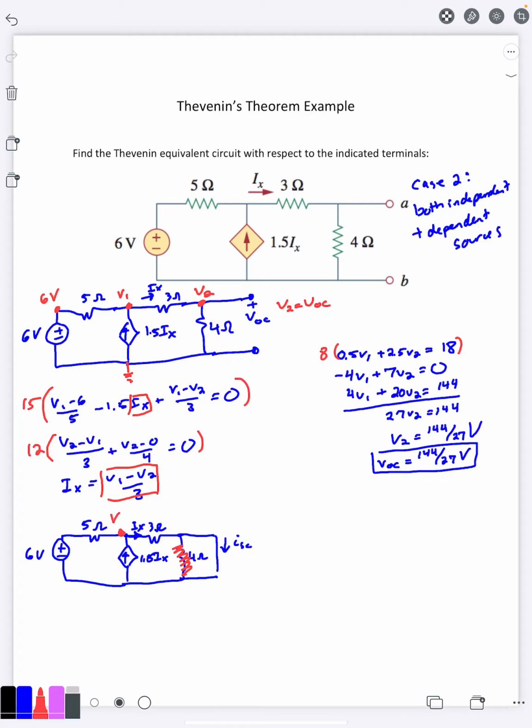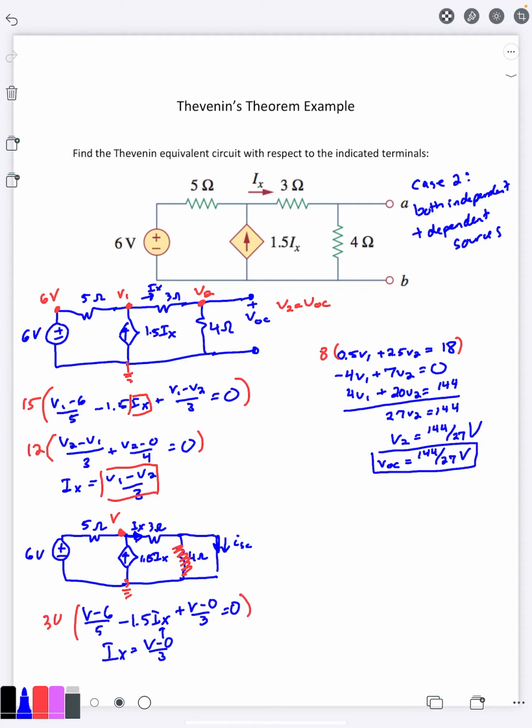Call that, say, V. Call the bottom ground. Then my equation would be (V minus 6) over 5 minus 1.5 Ix plus (V minus 0) over 3. And again, Ix is going to be (V minus 0) over 3 here, because the current going right at this point is the same as the current coming down. If I go ahead and plug that in, and just to avoid the fractions, I'll multiply by 30 this time.